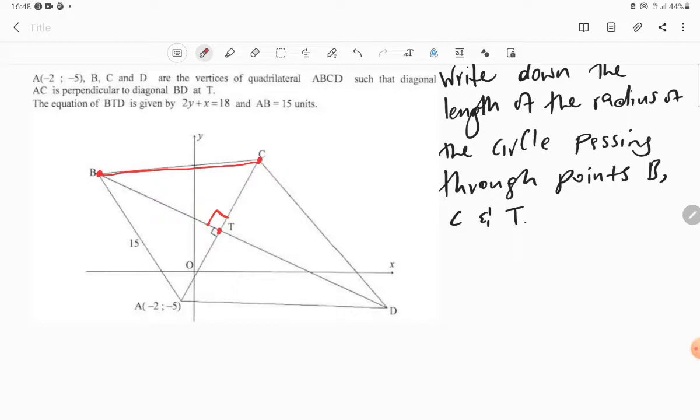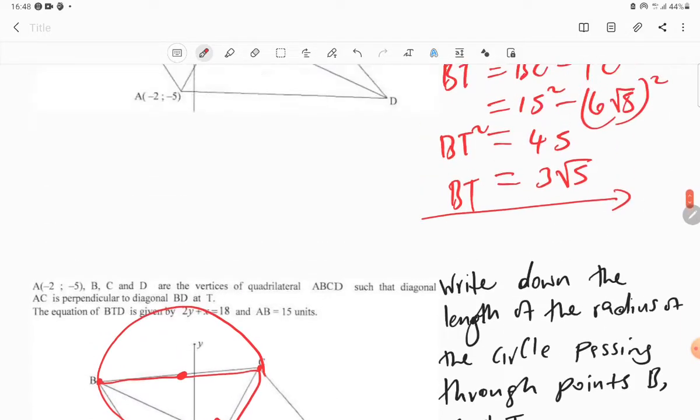So if this is the circle that we're talking about, this must be the diameter of it, because it subtends 90 degrees at the circumference. So in order for us to find the radius of this, it's just going to be half of this length BC.